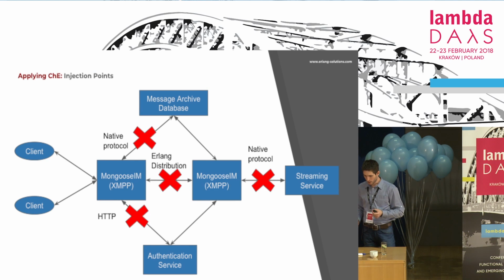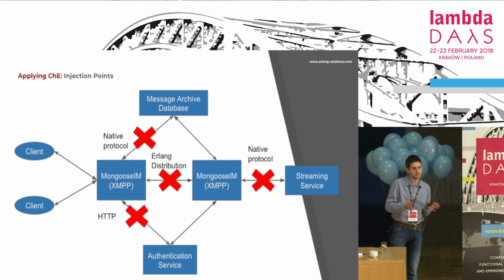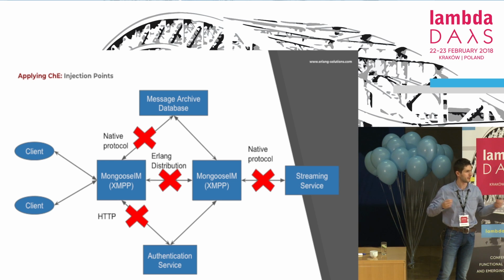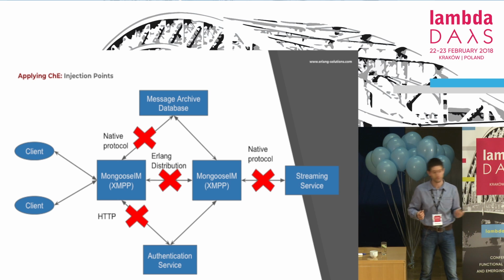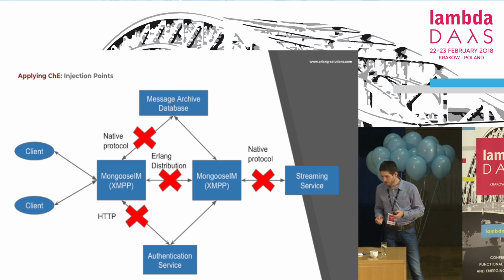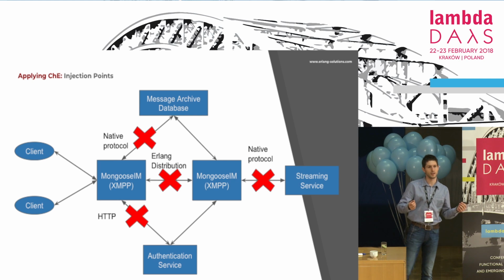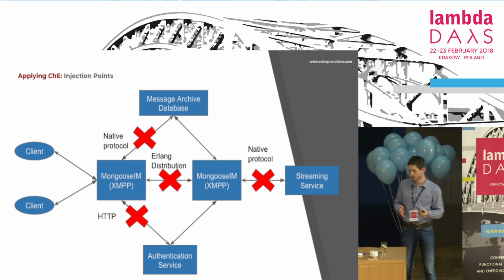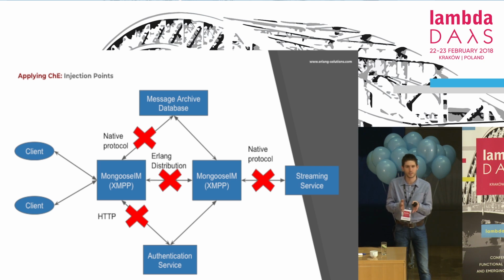First of all, what we have is the MongooseIM server, which is a messaging service that allows clients to exchange messages, which is used, for example, to build internet communicators, and it can run in a distributed mode, and then we have a cluster of nodes, and this is the first possible place where something can go wrong.